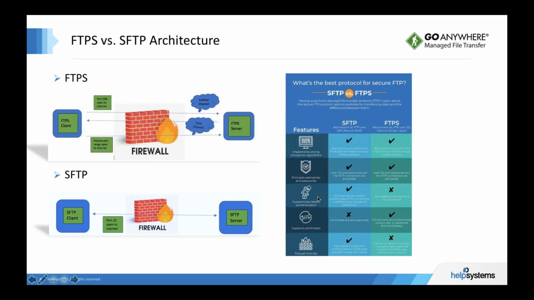Obviously from a security perspective, from an encryption perspective, you're looking at really identical levels of security. You're going to have key-based authentication with SFTP, where you'll have SSL certificate-based authentication over FTPS. And then from the firewall perspective, this diagram really lays out the main things that you should consider as it pertains to the architecture between the two.